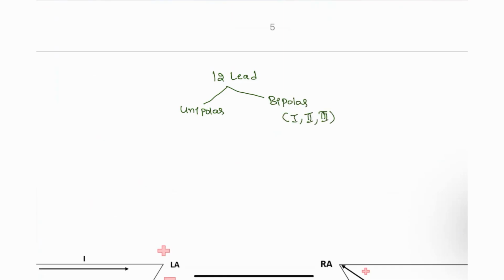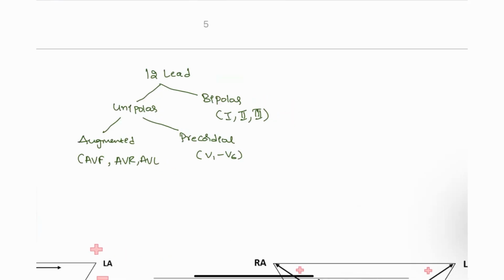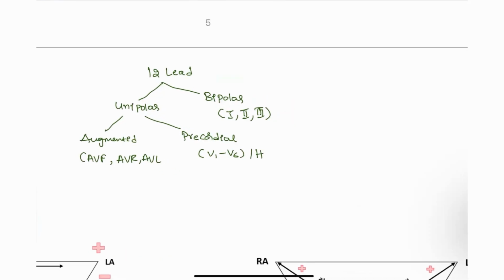Next, the unipolar leads are subdivided into augmented and precordial. The augmented leads are aVF, aVR and aVL. The chest leads are V1 to V6. These chest leads are horizontal, and the remaining ones are all vertical lines.